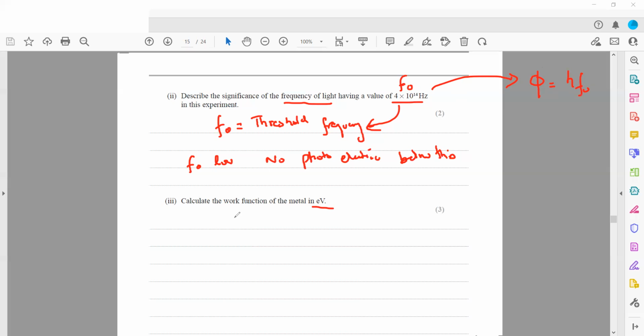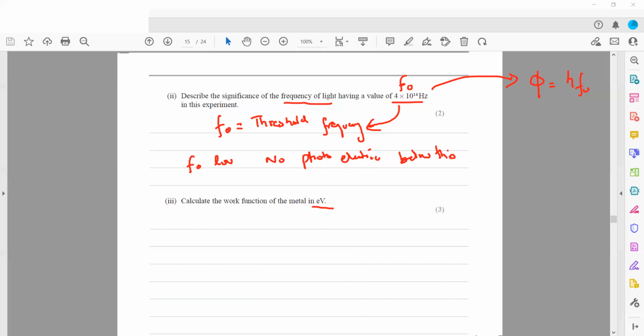The kinetic energy is 0 because when the energy of the incident photon is equal to the work function, the kinetic energy of the electron will be 0. So first we'll find the energy in joules and then we'll convert.